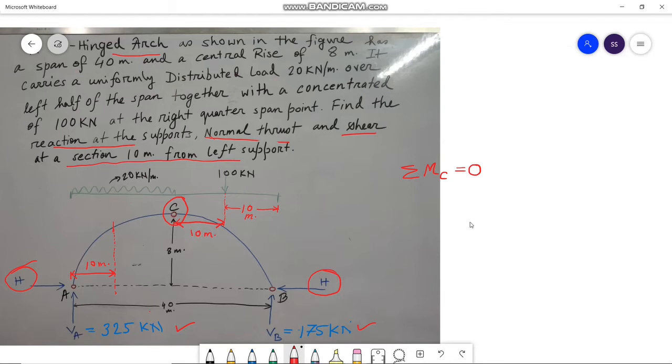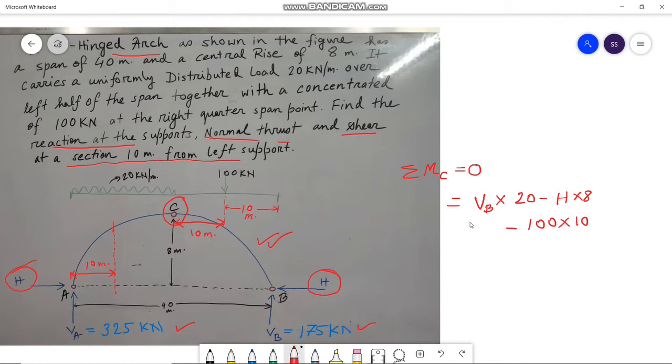So taking moment about C on the right hand side, we have VB into 20 minus H into H and 100 into 10. Again I am reminding that we are taking the forces on the right hand side, that is at this side of the arch.